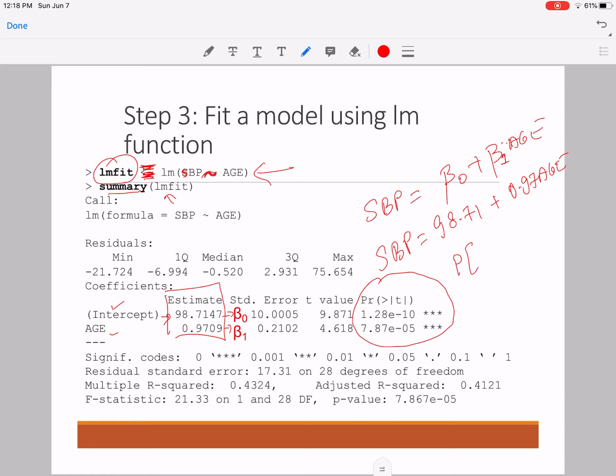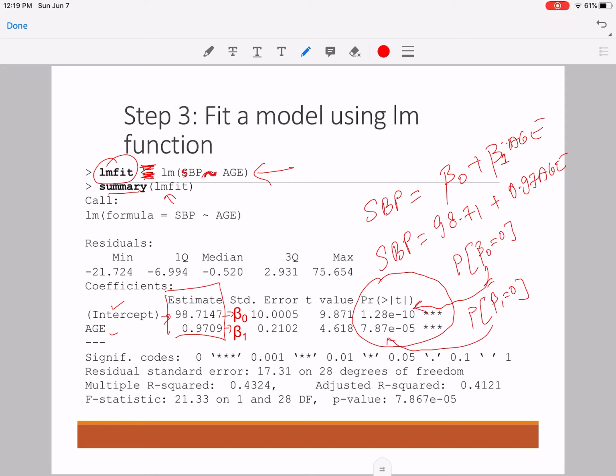So if I were to ask, what's the probability that beta naught is equal to 0? That probability is actually this very small value, 1.28 times e to the negative 10. Similarly, if I were to ask, what's the probability that beta 1 is actually 0, which essentially tells you that age does not help you predict the systolic blood pressure, well, that probability in this case is 7.87.